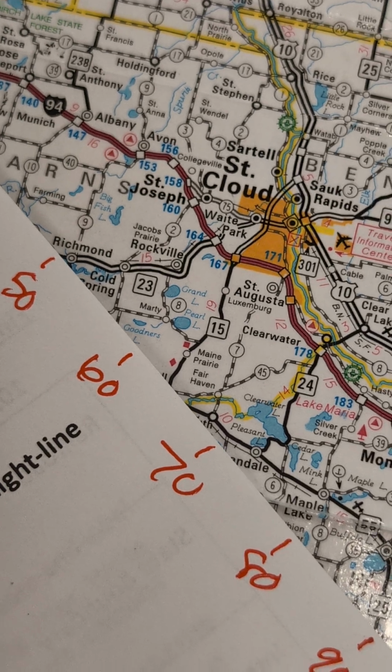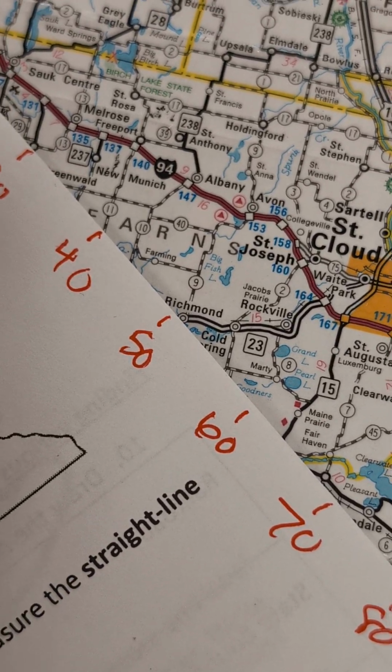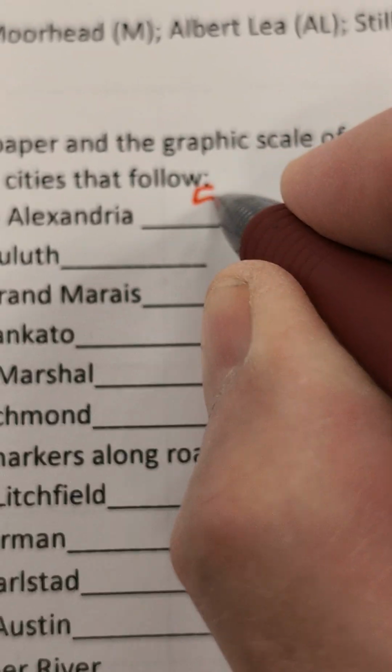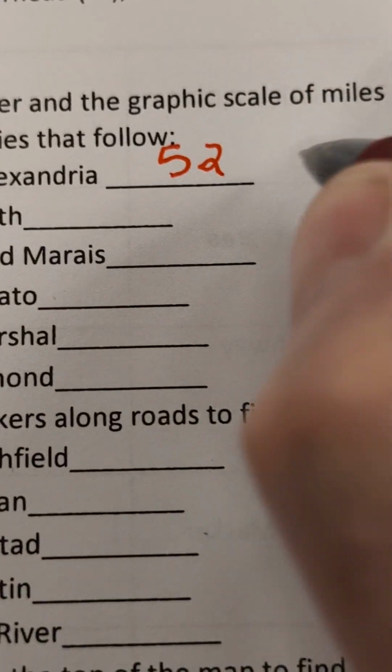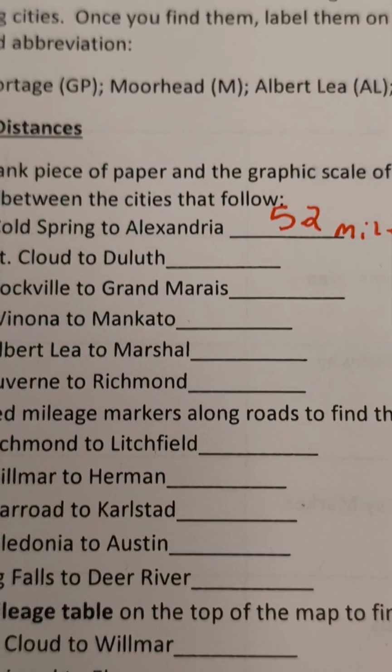So if you look, I would say it's about 52 miles. It's 1 tick above 50. So I'd say 52 miles. So I'll put 52 right here. Continue with the other cities and finish that up.